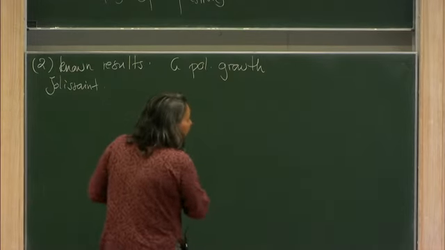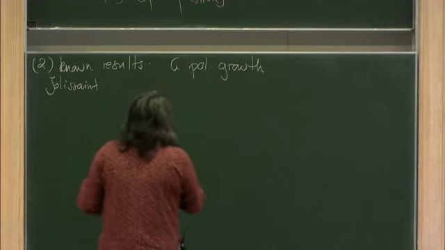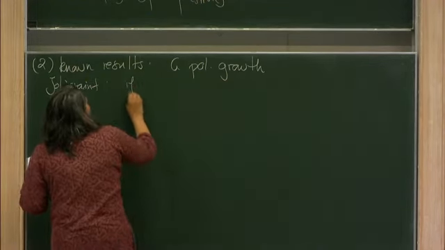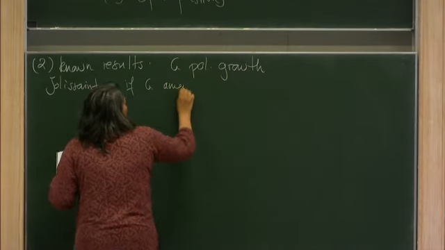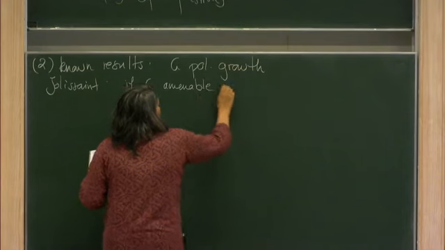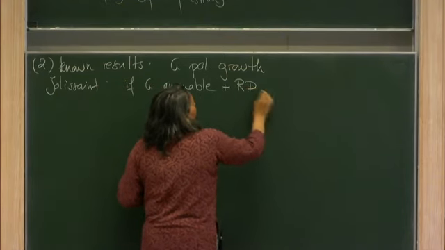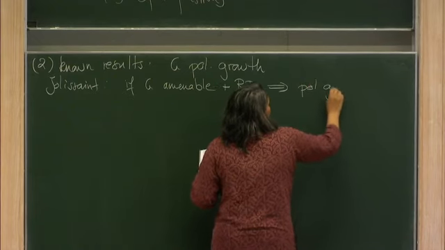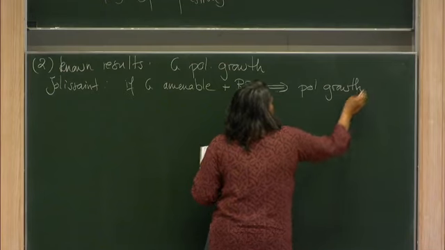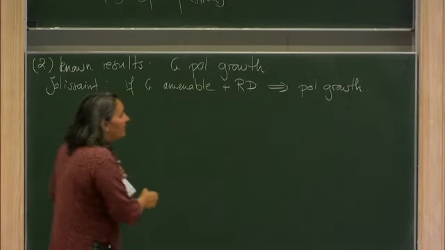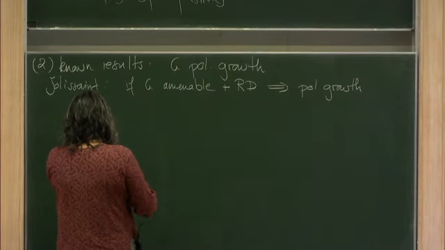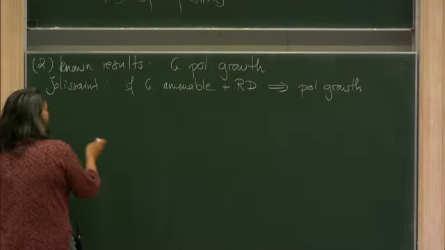including the first one, which says that if G is amenable and has rapid decay, then it has polynomial growth. And you can see it right away if you do, right, yes.